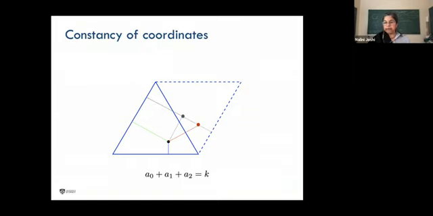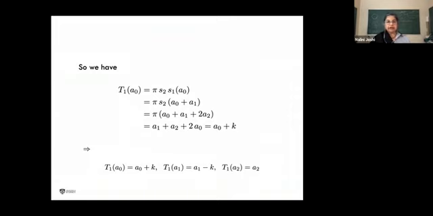Okay, so now what we can do is to apply this construction to work out what T1 is explicitly, its action on the parameters. As I said, it's a composition of these 3 things. Each of them give me just a linear change in the parameters, and the sum of those 3 parameters turns out to be K, or equal to 1 later on. And so I have worked out exactly what the T1's action is on A0, A1, and A2.